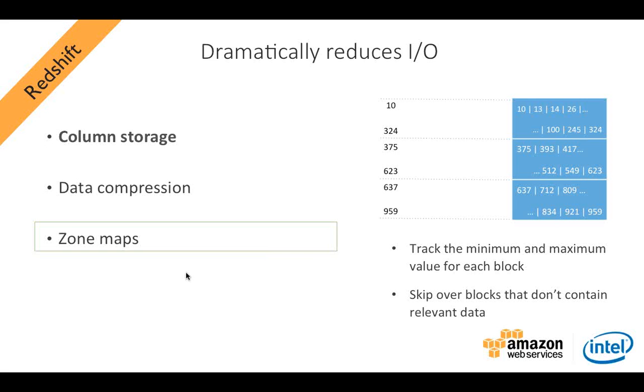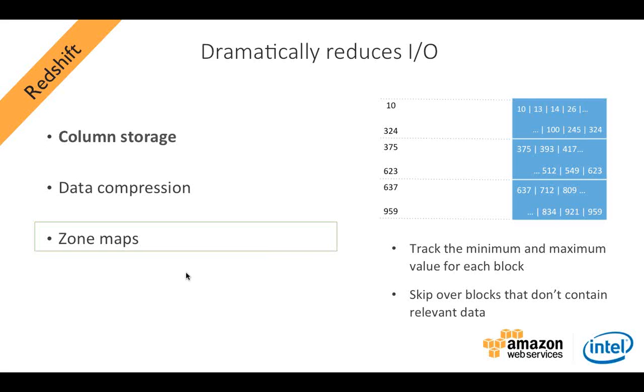The idea is that if you look at a block of data on disk, on the right-hand side there, we've got those blue rectangular blocks of data. Imagine that's your column information, so we've got values there, 10, 13, 14, etc. A zone map tracks the minimum and maximum value for each block on the disk. On the left-hand side there, the zone map for that block says minimum value 10, maximum value 324.